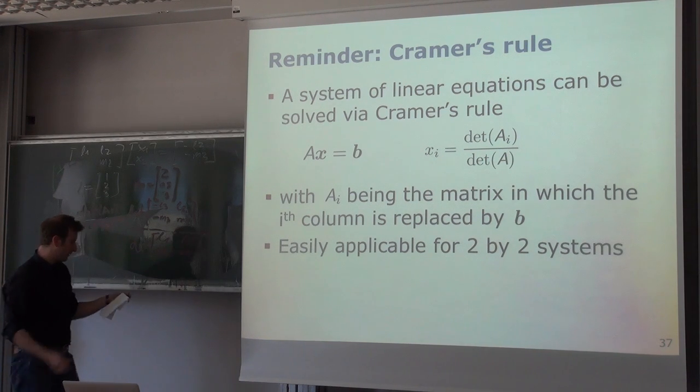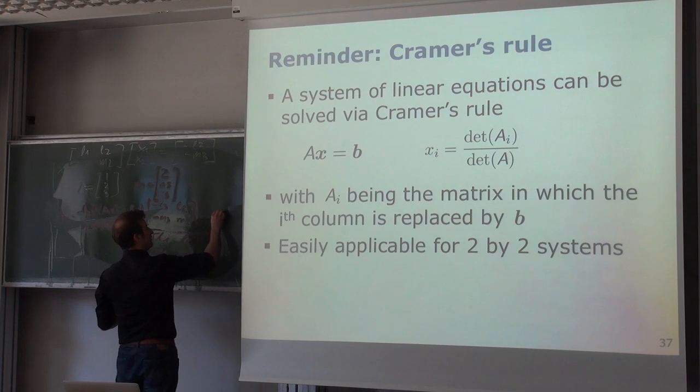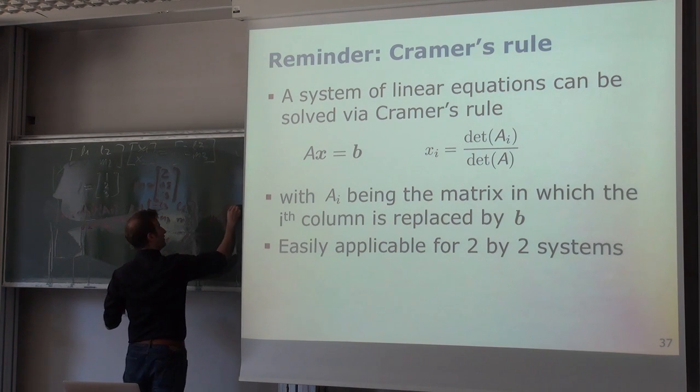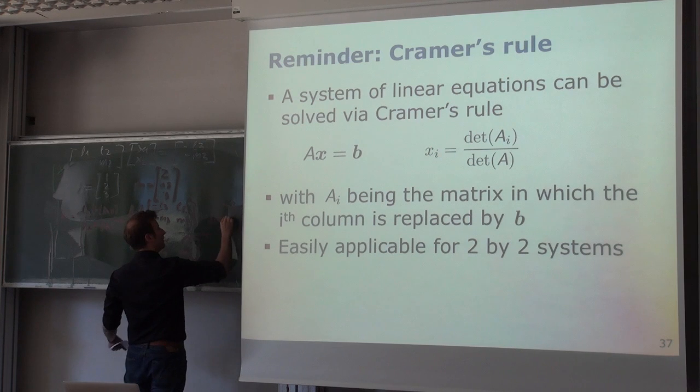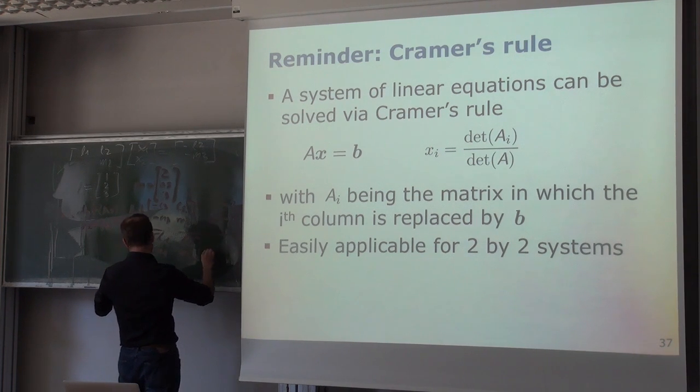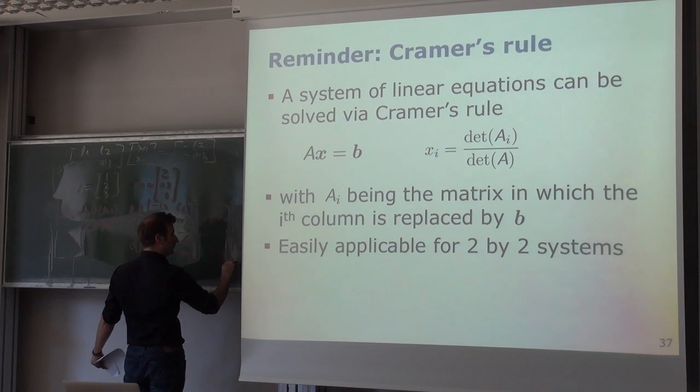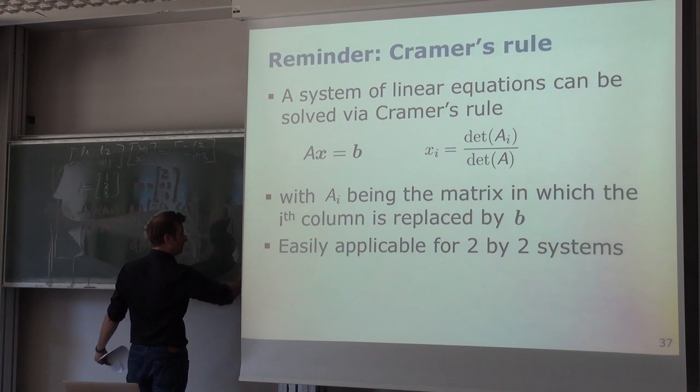And now I can fill that with numbers. This is the determinant of minus 3, 2, minus 3, 0.5, divided by the determinant of 1, 2, 2, 0.5.